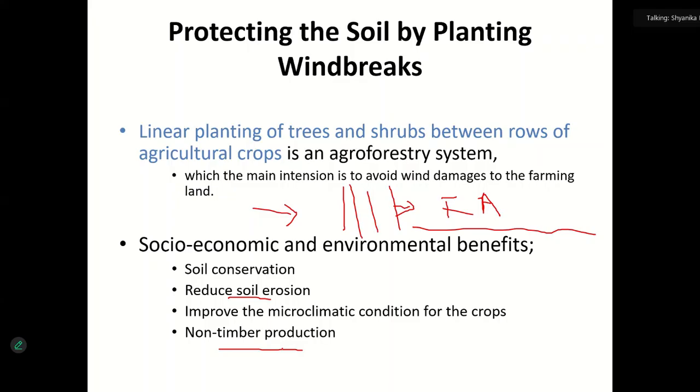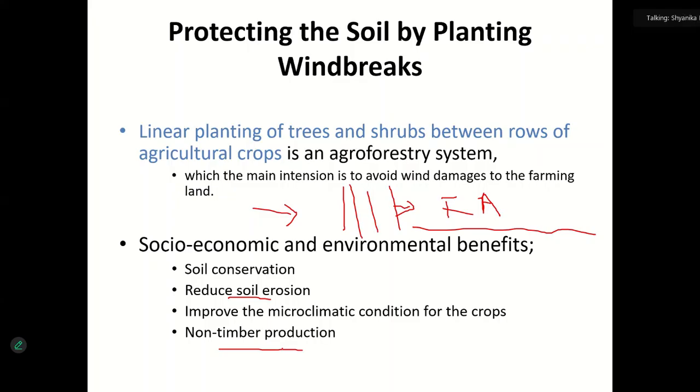The examples for these non-timber forest products are fuel wood, and then leaves for food, and maybe fruits and nuts, or resins, right? Gums, all these are non-timber forest products. And it improves the microclimatic conditions for the crops as well.